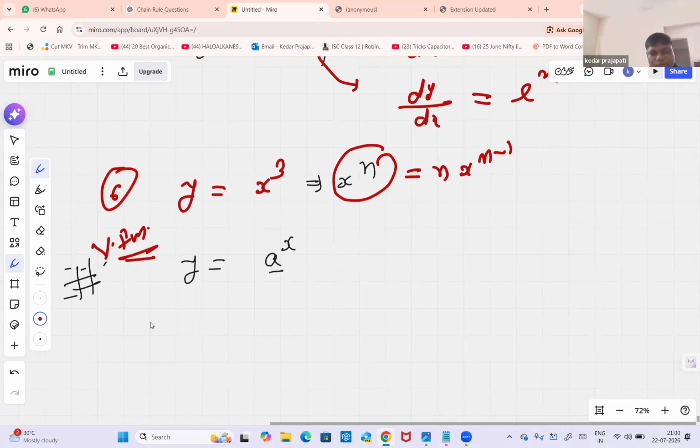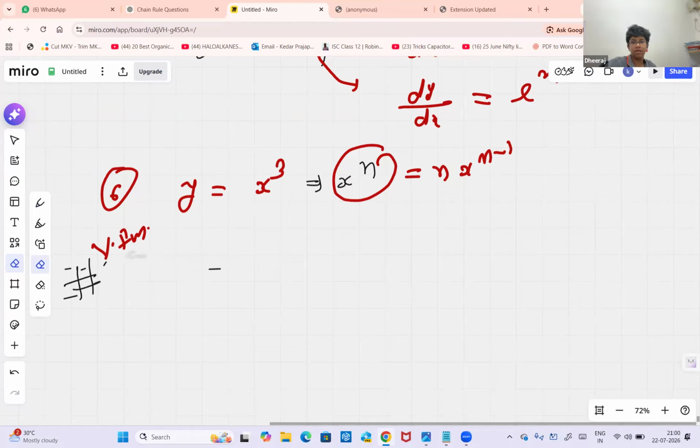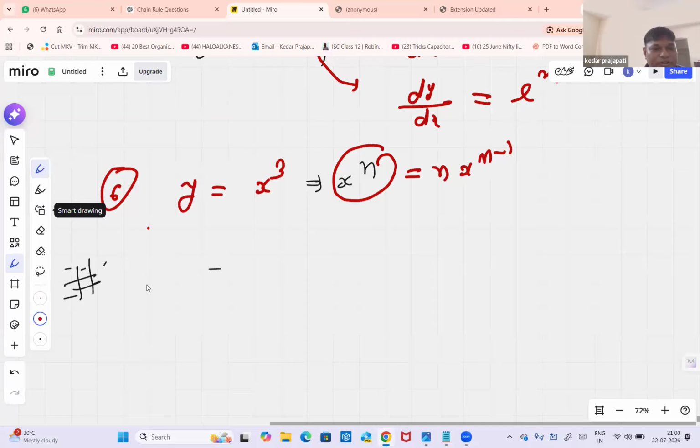So, in order to solve this, don't remember anything. Okay? Very, very important. The question is y equal to any constant a to the power x.